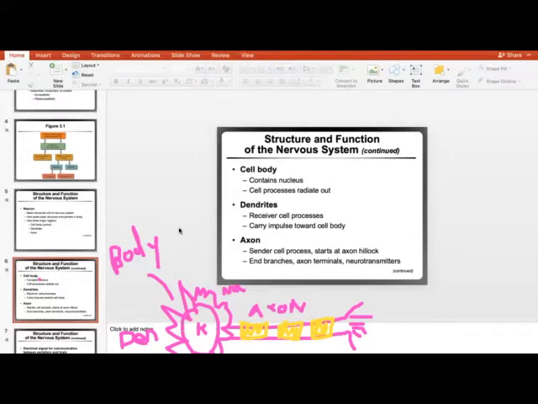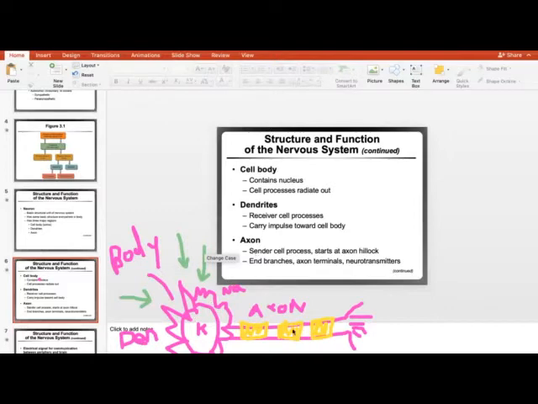And if the electrical signals that are coming into the cell body are weak signals, then there's going to be a general amount of activity in this neuron, but it's not going to propagate an action potential. If there's a good amount of electrical activity coming into these dendrites, then this neuron will propagate an action potential. So it really depends on what these dendrites are receiving.